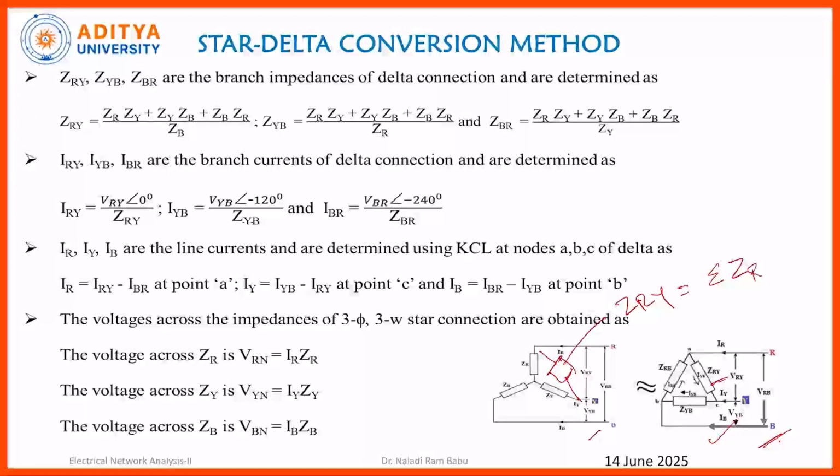ZRY is equal to ZR into ZB plus ZR into ZY plus ZB into ZY, divided by the opposite side impedance, which is ZB.